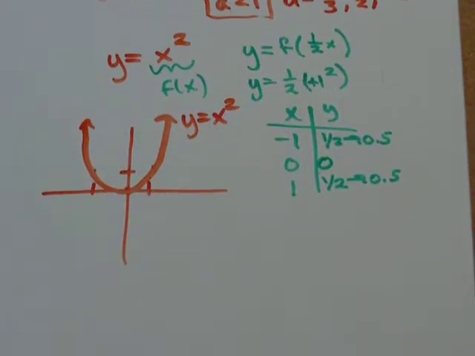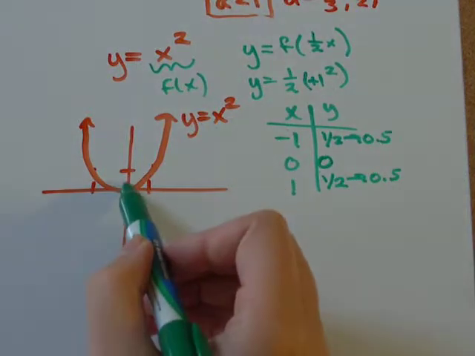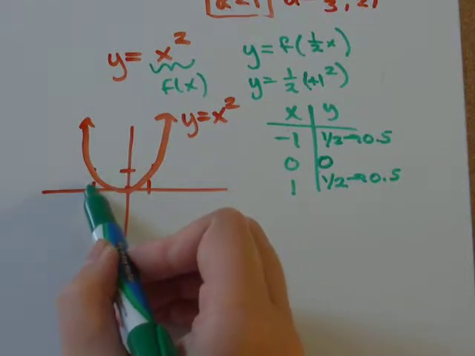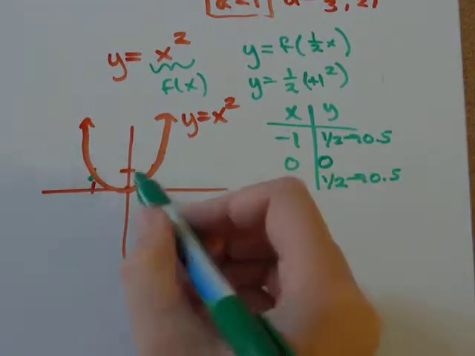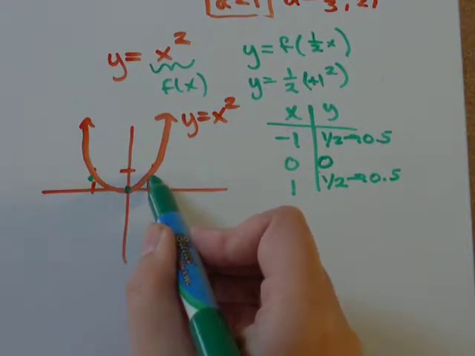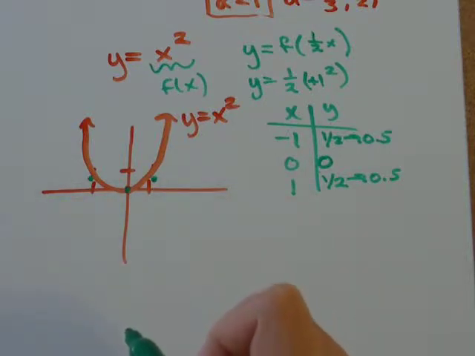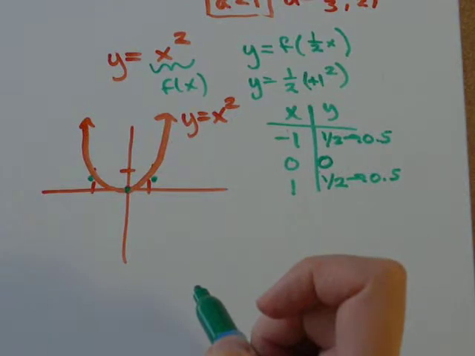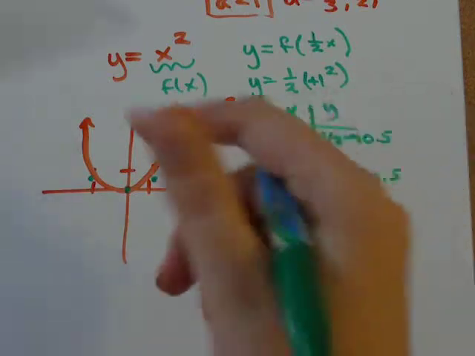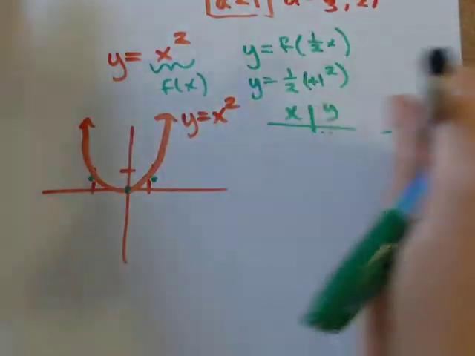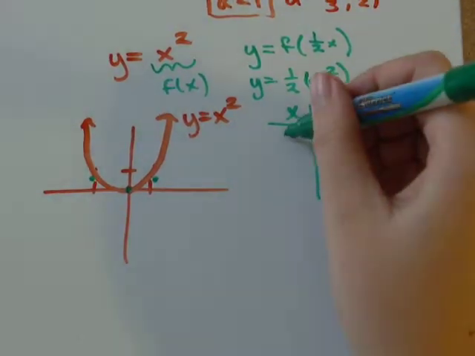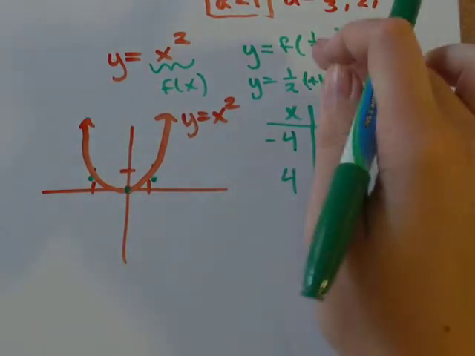So let's stick those points on our graph. We used to have a point at negative 1, positive 1. Now we've got a point at negative 1, a half. We've still got a point at 0, 0, and now we've got a point at positive 1, a half. I think what I'd like to do is add another negative point and another positive point, and we'll get a little bit more of a dramatic difference in our graphs. So let x equal negative 4 and positive 4.